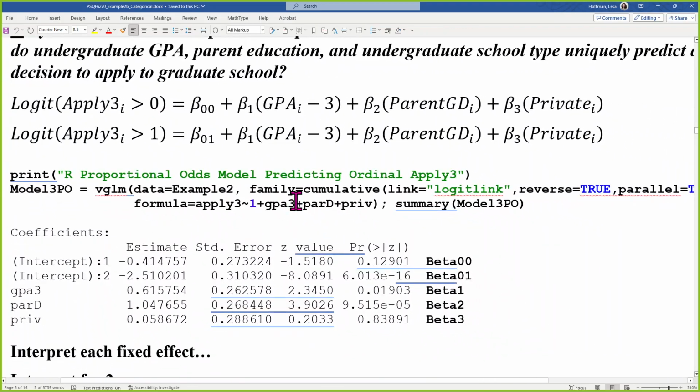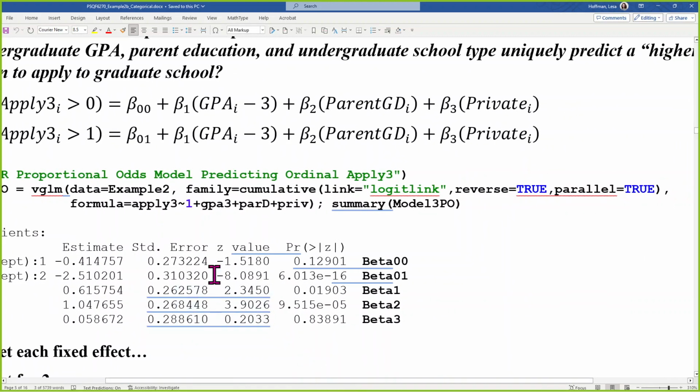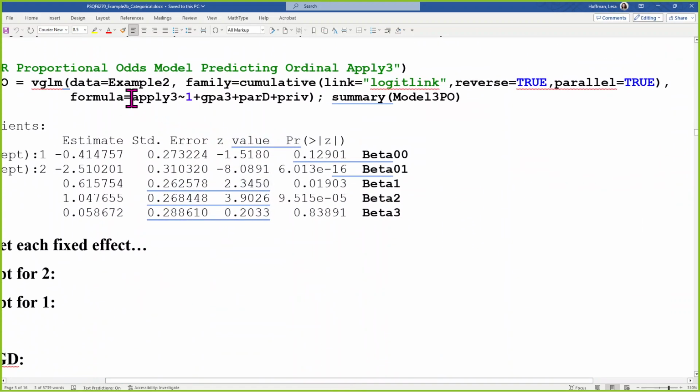Okay. Right. Let's see it in R. Same setup. Apply 3 is predicted by these 3 variables. Parallel equals true is now of interest. What do you think that means? The slopes are the same. Yep.